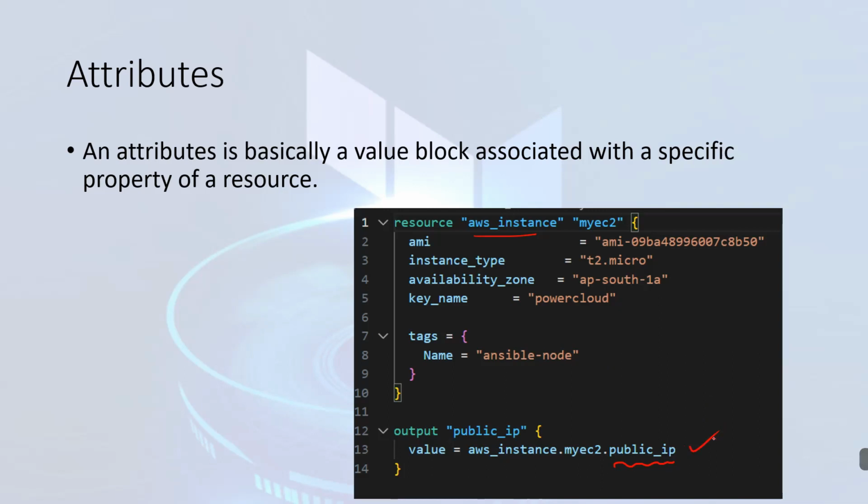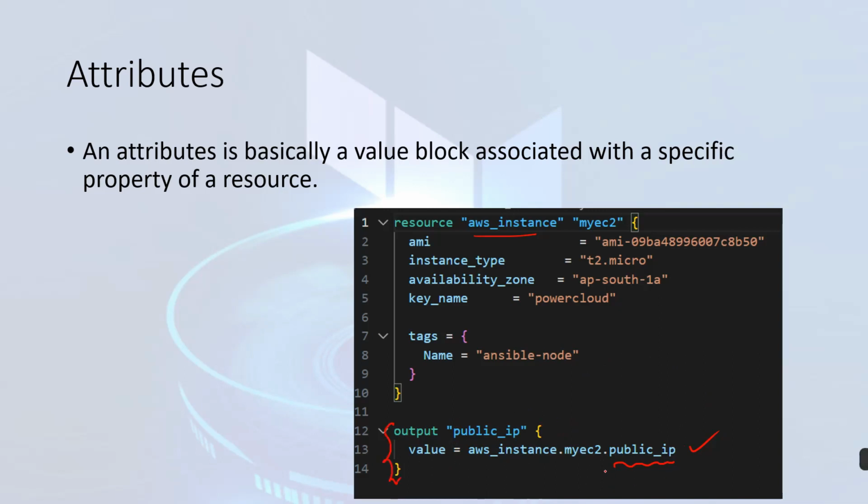In this case, our aim is that when the instance is created, I want to see the public IP of the instance. For that, I have written this block.